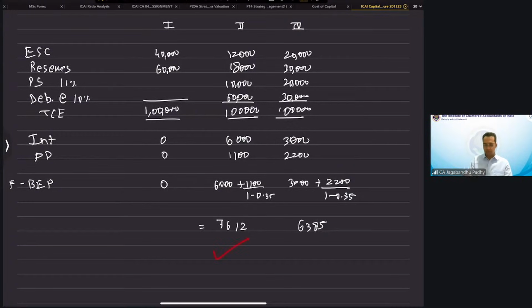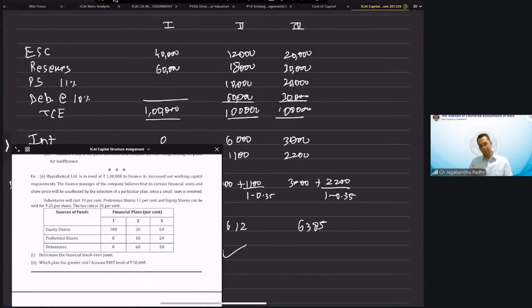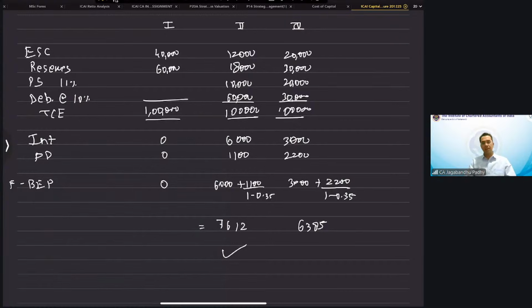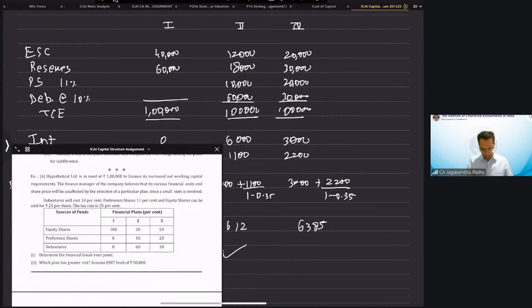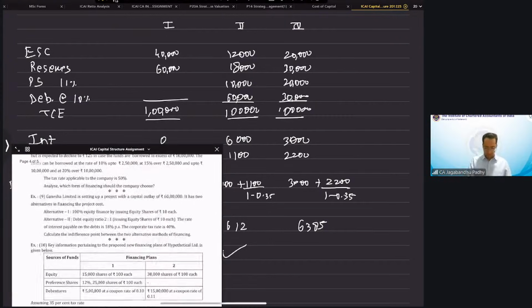So this is the plan, which is the second plan, which is having a greater risk. Now, why do we say it's having a greater risk? Because the financial break-even point is higher in this case. Got it, everyone?